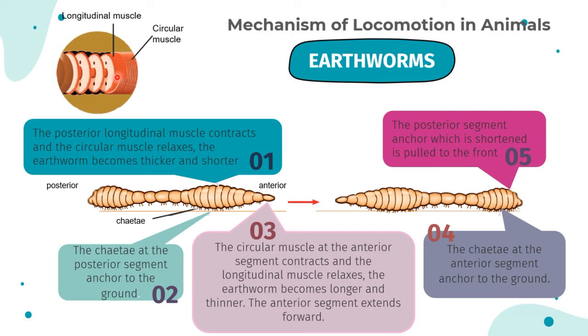So what happens when the longitudinal muscle contracts? It will be shortened, and at the same time, the circular muscle will relax. When the circular muscle relaxes, it becomes longer. So this part becomes thicker and shorter.